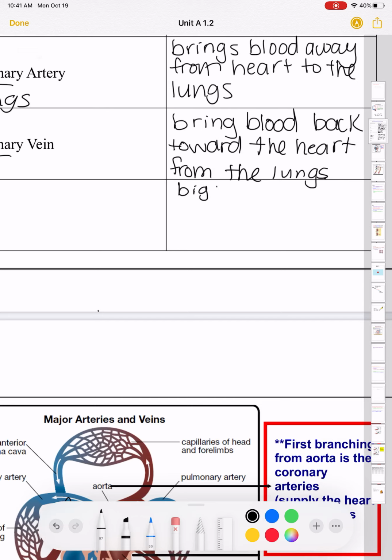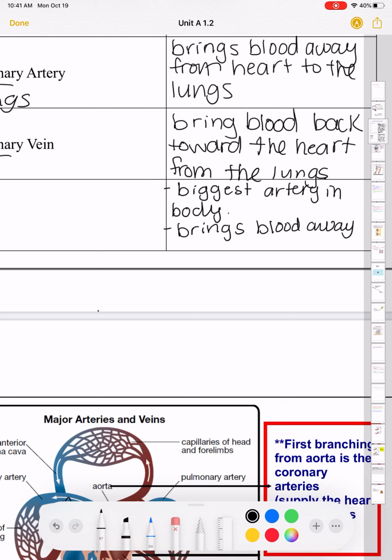It's actually the biggest artery in your body, and what it does is it brings blood away from the heart to the body.